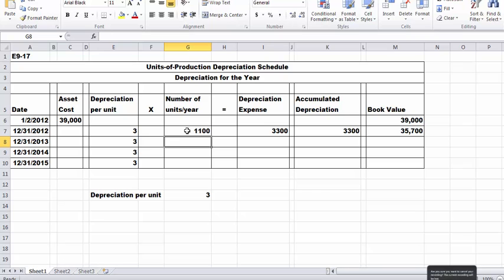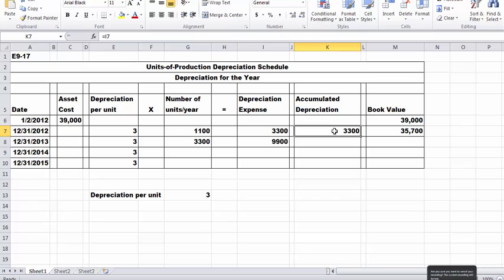In year 2, it performed 3,300 jobs the second year. So we have $9,900 for that year in depreciation expense.